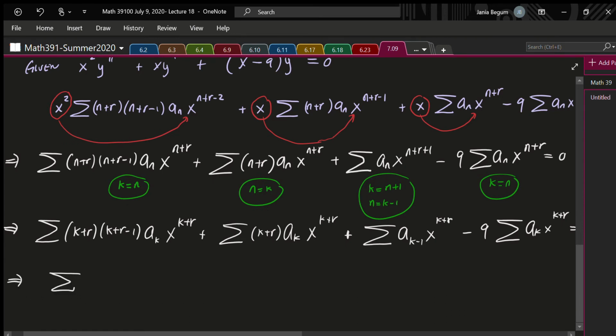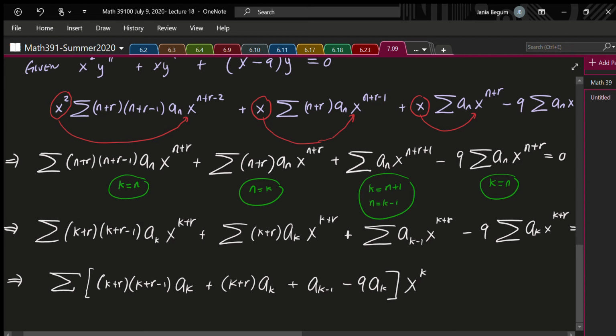So we have the sum, and all the coefficients of x to the k plus r is going to be k plus r times k plus r minus 1, a sub k, plus k plus r, a sub k, plus a sub k minus 1, minus 9, a sub k, everything times x to the power k plus r equals 0. Okay, so that's a success.